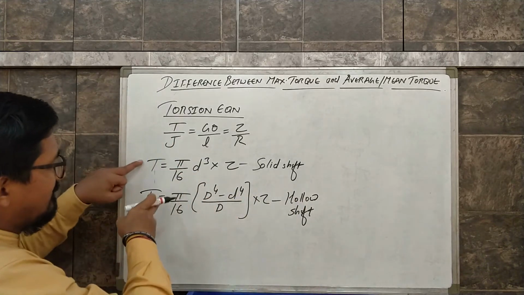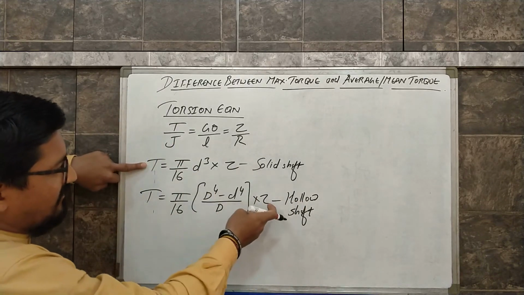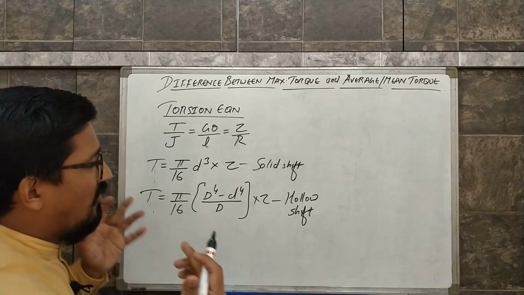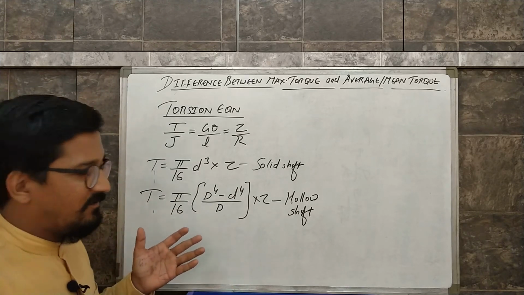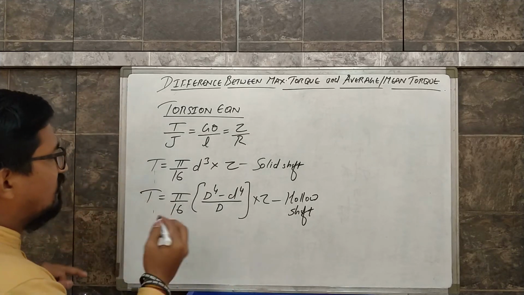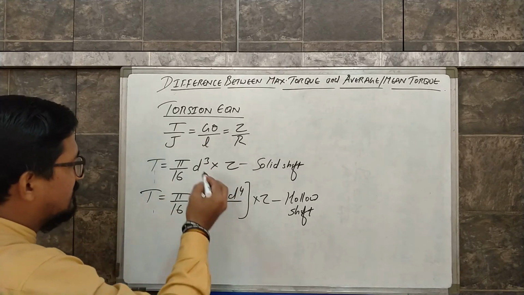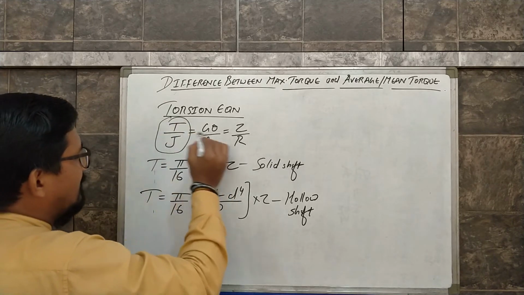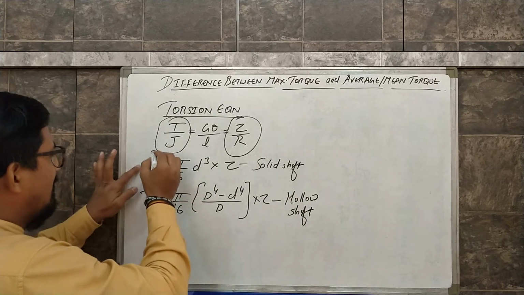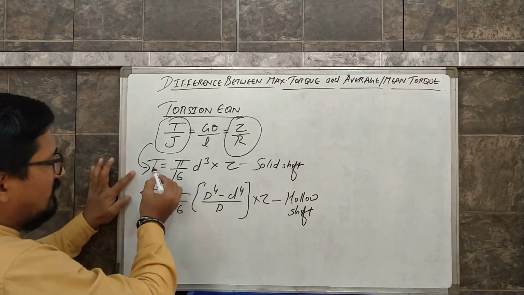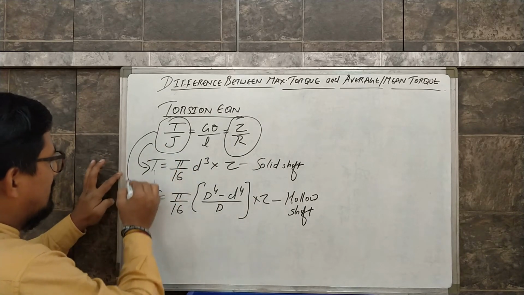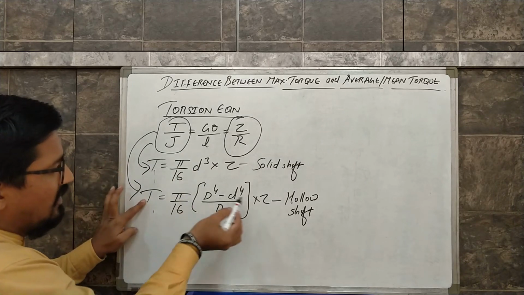The derivation for these two, solid shaft and hollow shaft, I have already described in my previous video. You can check that. So we have two sets of formulas. By using these, we are getting the torque transmitted by a solid shaft, and we are also getting the torque transmitted by a hollow shaft.